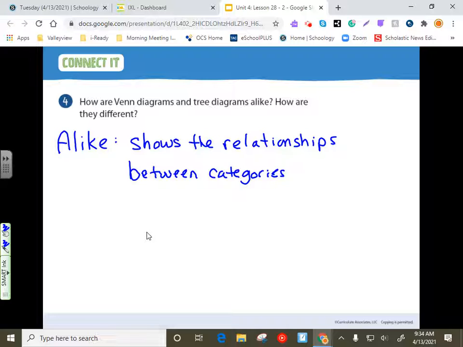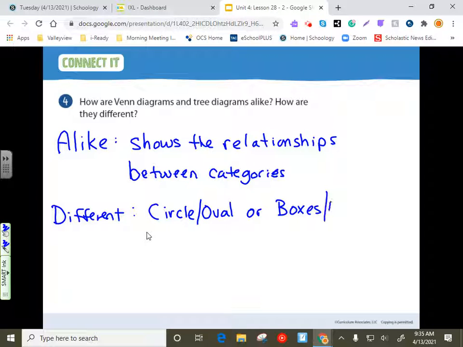And whoops, that's supposed to be an E. The difference is really simple. I'm going to say it this way: you're either going to have the circle oval combo, or you're going to have boxes. So it's really just the shape which you use. Boxes and lines. There you go.